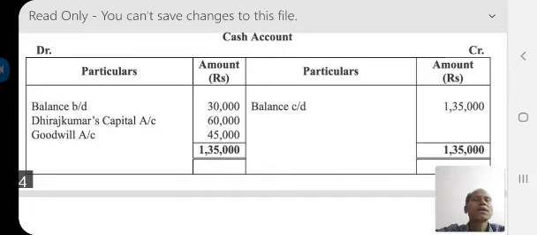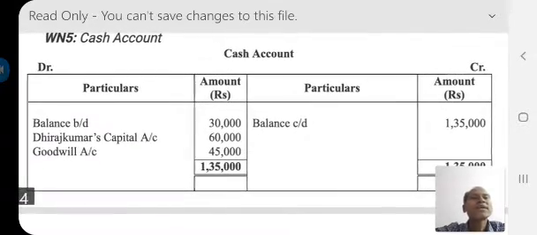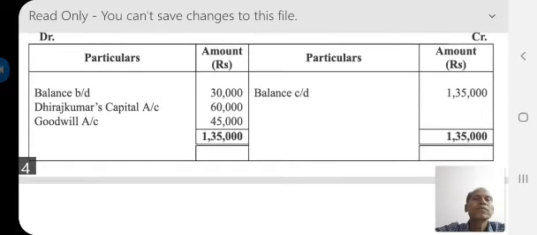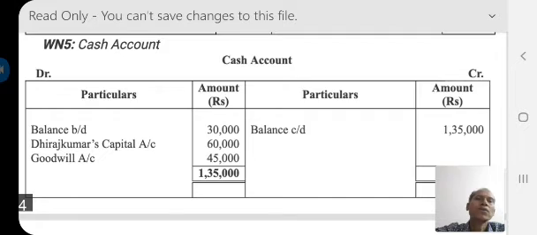And 60,000 is Dheeraj Kumar's capital. So first, for this entry, cash account debit to Dheeraj Kumar capital account, we have made an entry earlier. Cash account debit to Dheeraj Kumar capital account, 60,000.